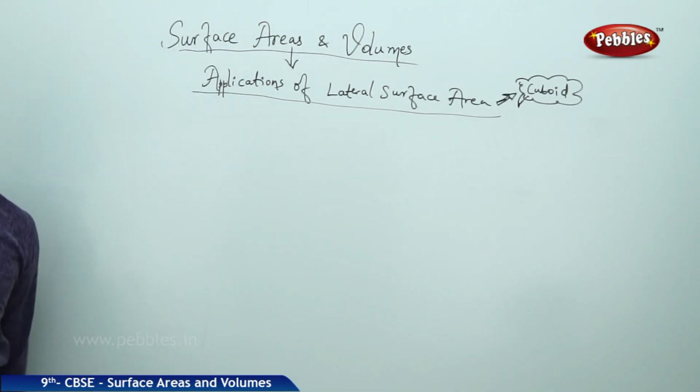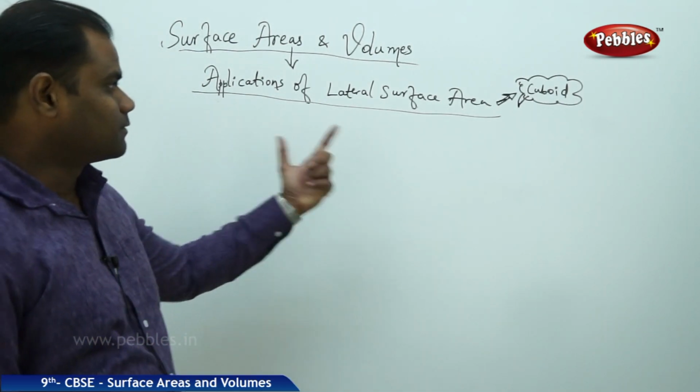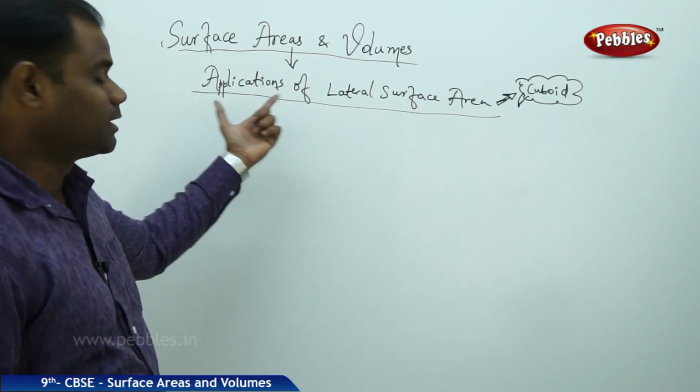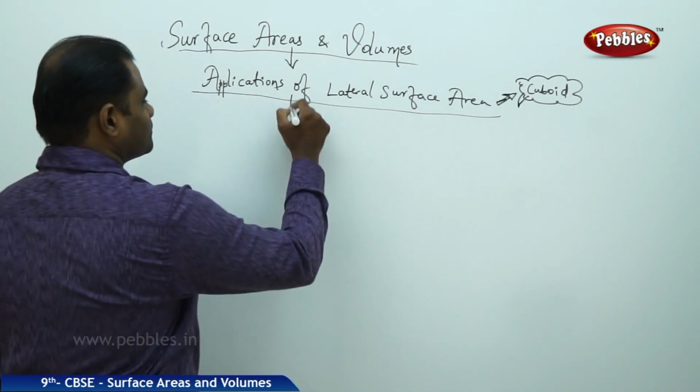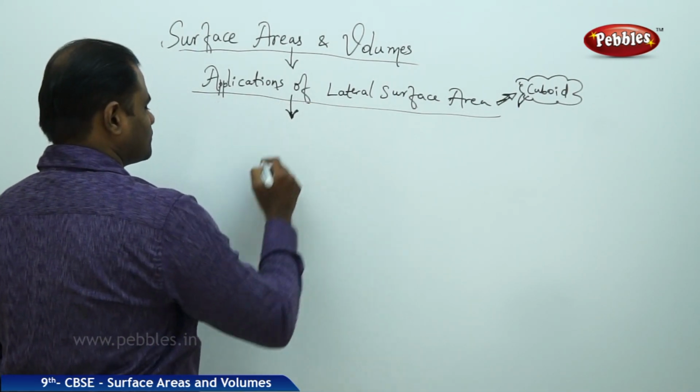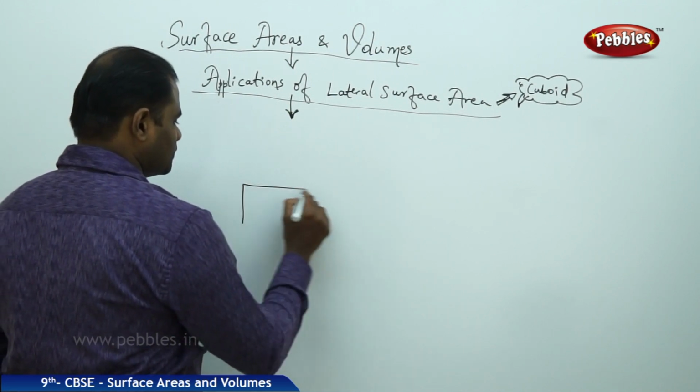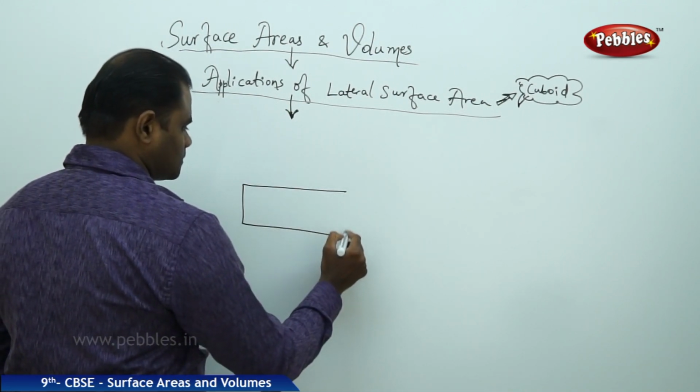So let's see how we can find the lateral surface area of a cuboid as the applications. Here is a rectangular cuboidal box.